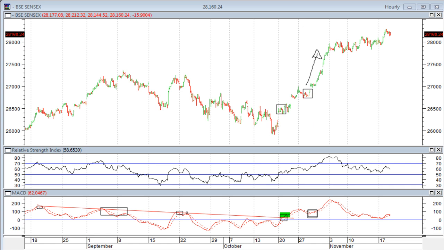So we can also use breakouts in the MACD just like we used a breakout above the previous line here on the RSI. So the MACD broke out, RSI broke out. That was a change in sentiment, and since then you can see that the market did actually reward anybody who went long using that theory.